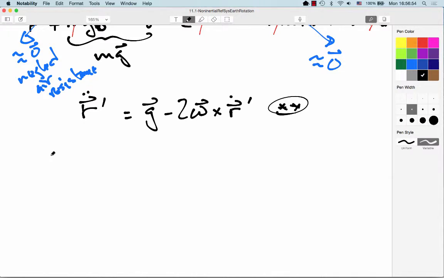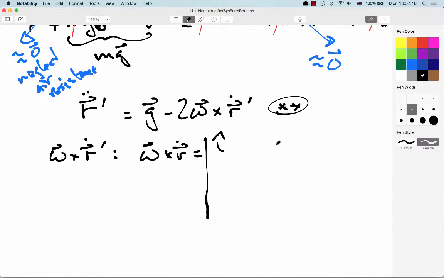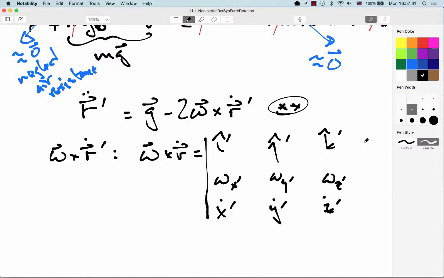First step here is let's just go ahead and find our omega cross r dot. We'll just do that by good old-fashioned taking the cross product. So i, j, k with primes, omega x prime, omega y prime, omega z prime, x prime dot, y prime dot, z prime dot.